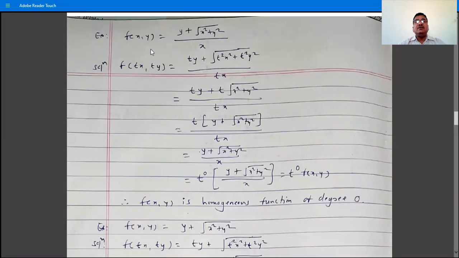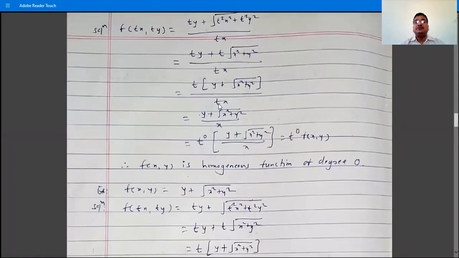Just replace x and y by tx and ty. So it is ty plus the root, take t square common from the root, we have t common. So after taking t square from the root, we have t in bracket root x square plus y square, divided by tx. Then take t common from the numerator, we have y plus root x square plus y square, divided by tx. T gets cancelled.